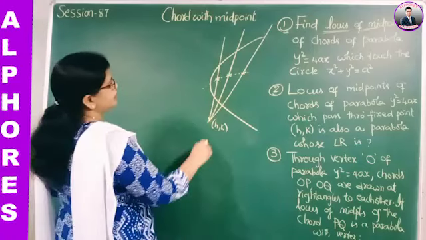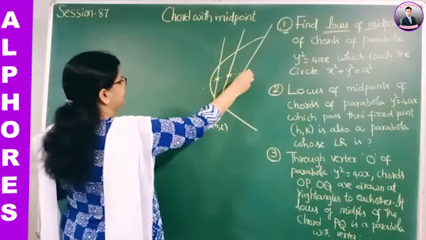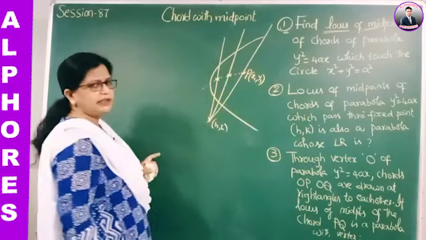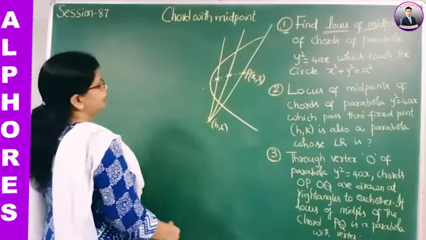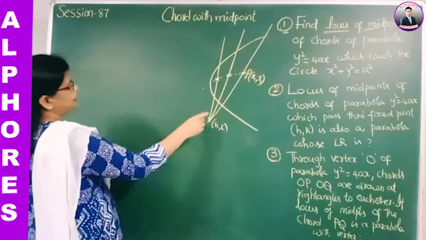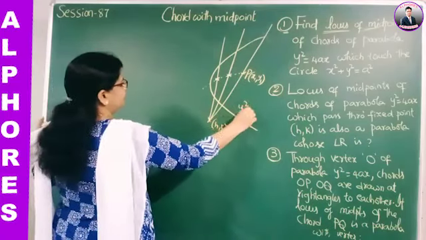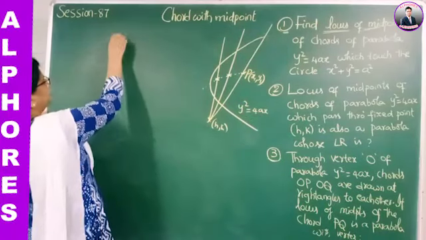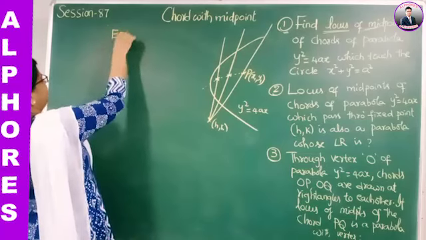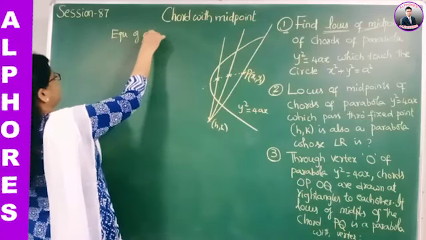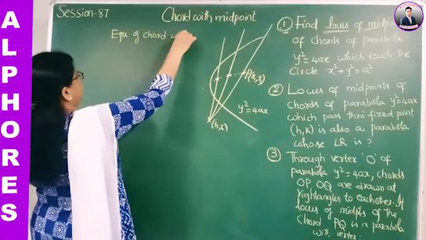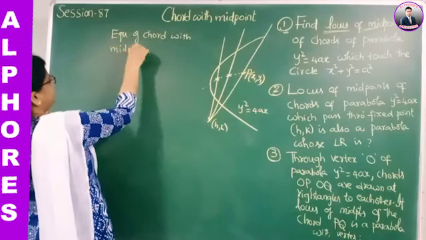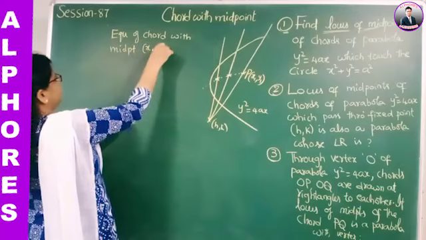So let us fix one position, suppose it is P(x1, y1). The parabola equation is already given, that is y² = 4ax. Then the equation of the chord with middle point (x1, y1) is nothing but the formula S1 = S11.